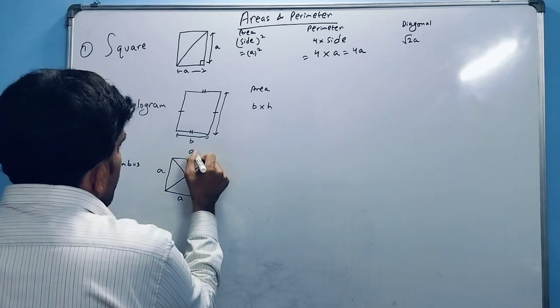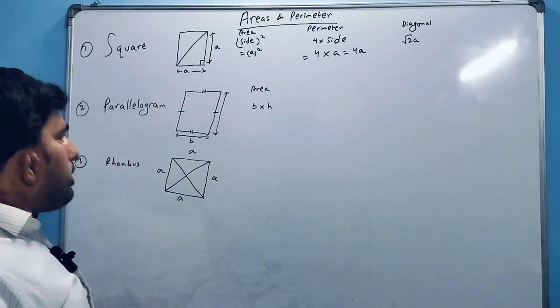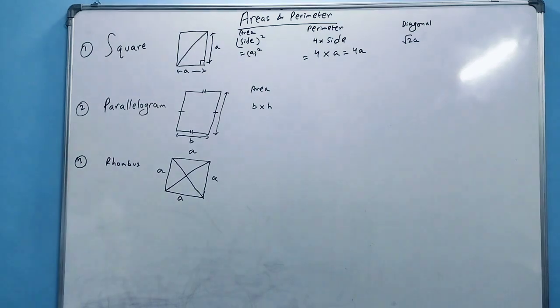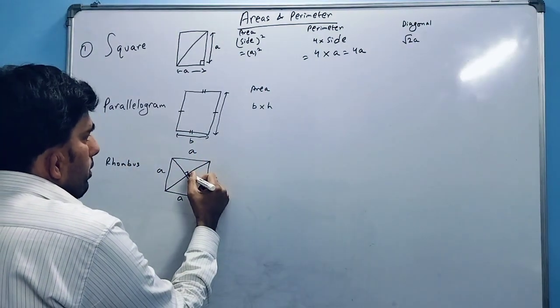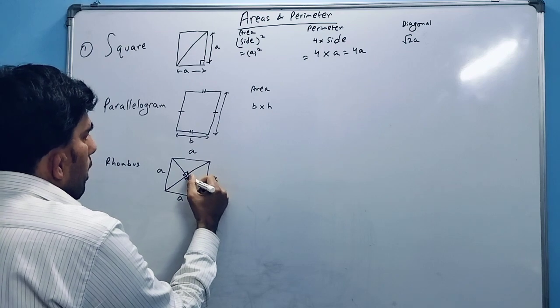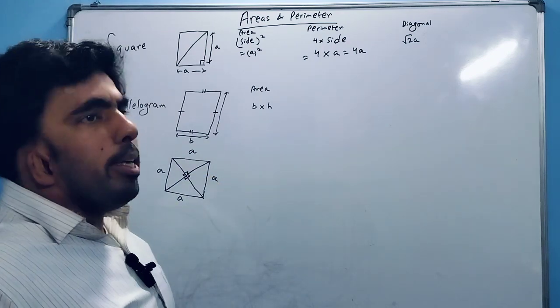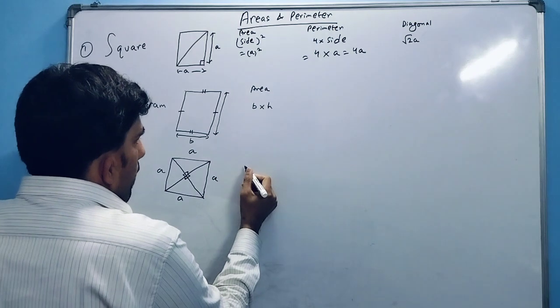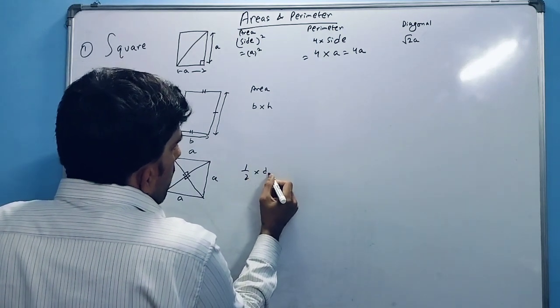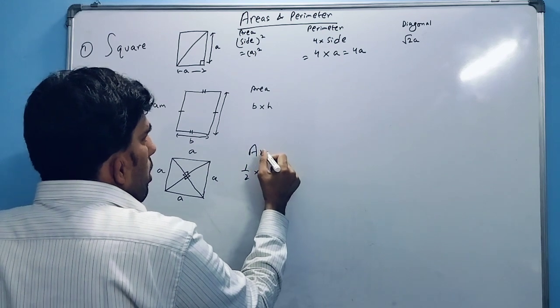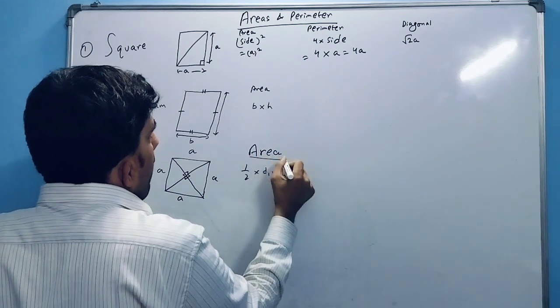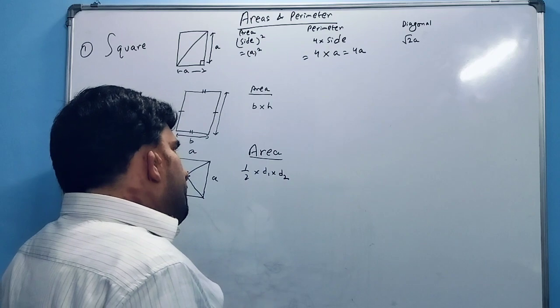But one difference is that in a rhombus, the diagonals bisect each other at 90 degrees. So its area will be half into d1 into d2. That is how we are able to find its area.